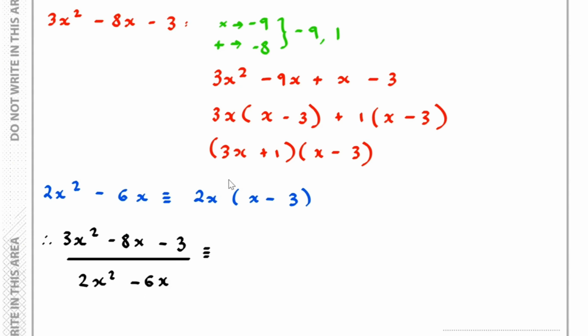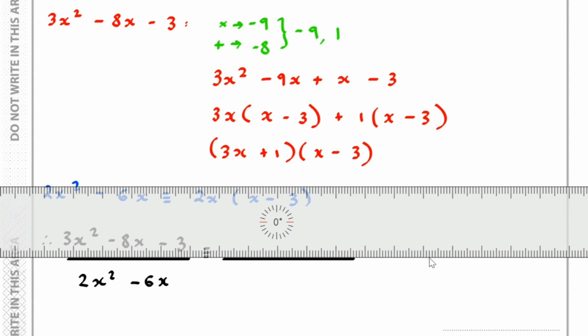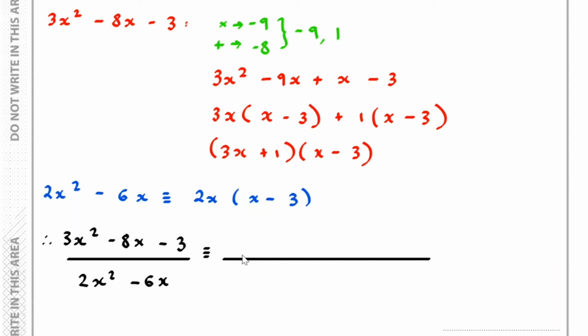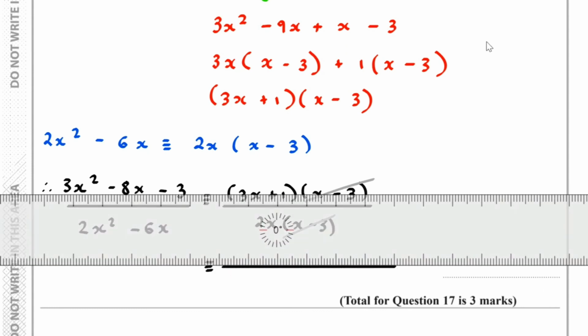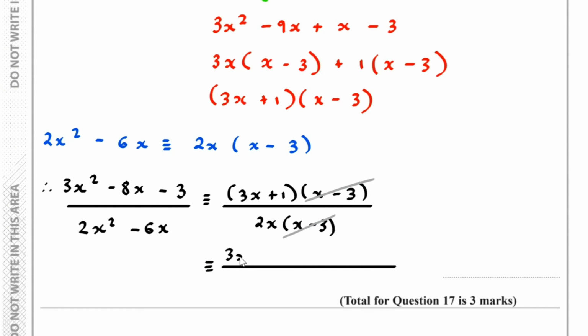What is this equivalent to? Well, this will be equivalent to 3x plus 1 multiplied by x minus 3 divided by 2x times by x minus 3. Now the x minus 3's simplify to 1 on the top and bottom, so we have 3x plus 1 divided by 2x as our simplified result.